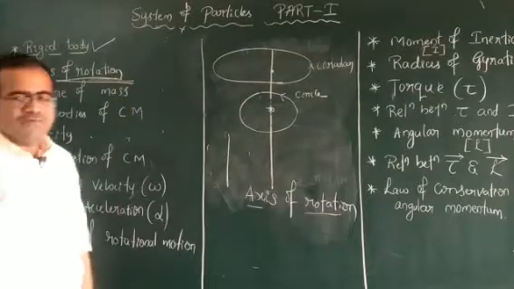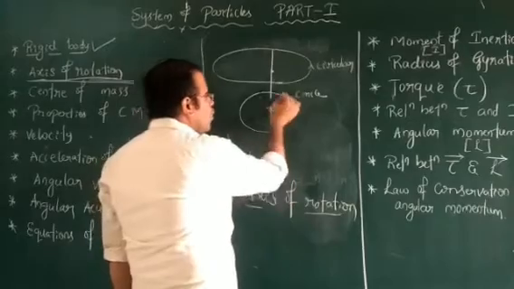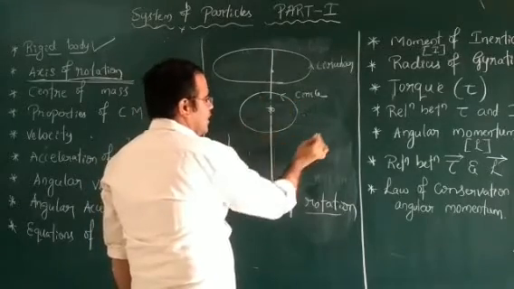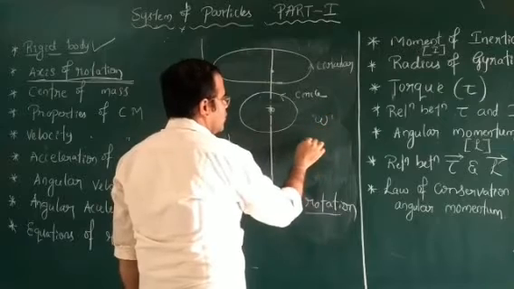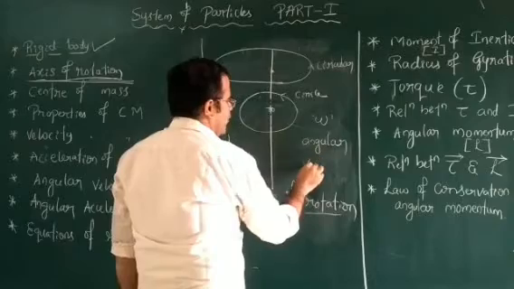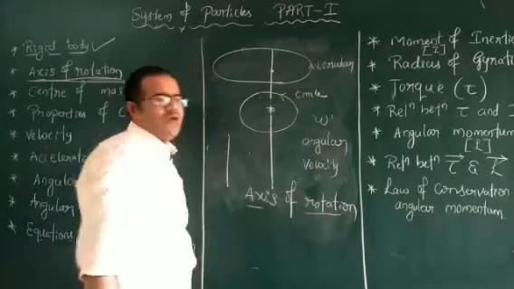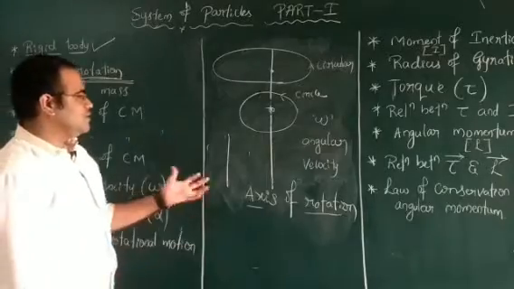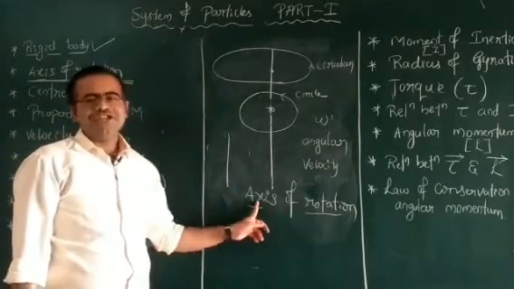So in the axis of rotation, you are going to observe that every molecule or every particle should move with the same amount of angular velocity. This is an important quantity. So every particle is moving with a constant amount of angular velocity. This is a condition when we observe pure rotational motion.